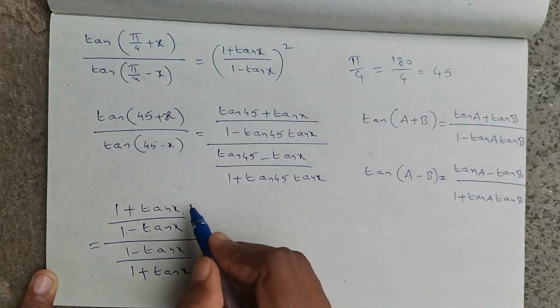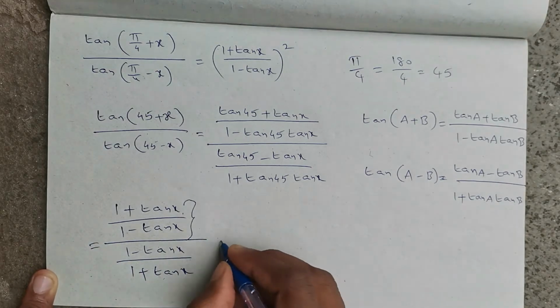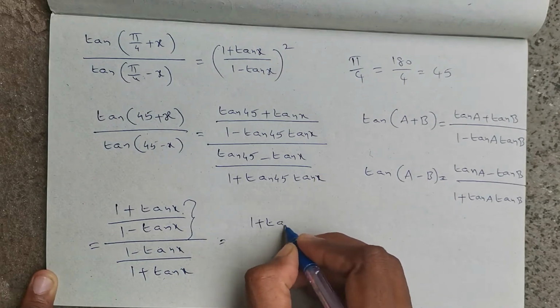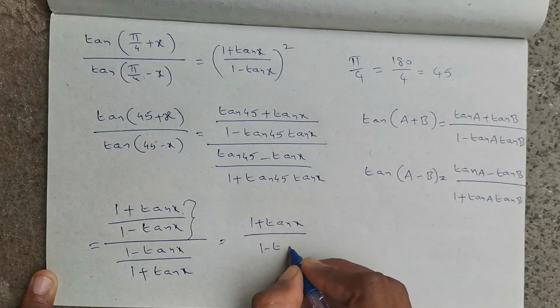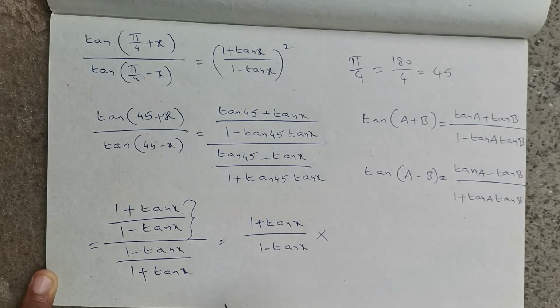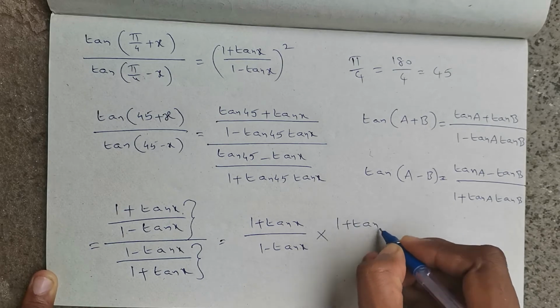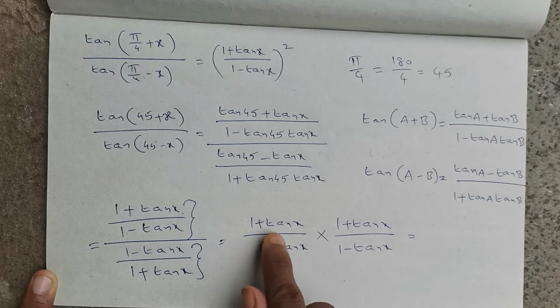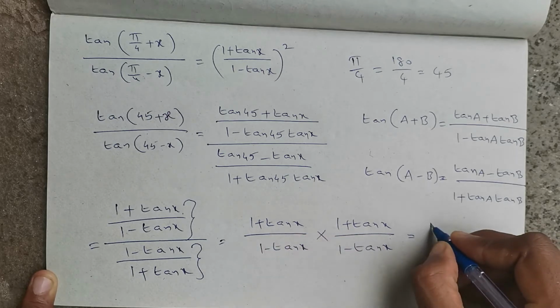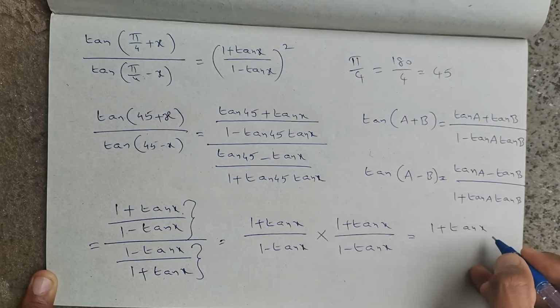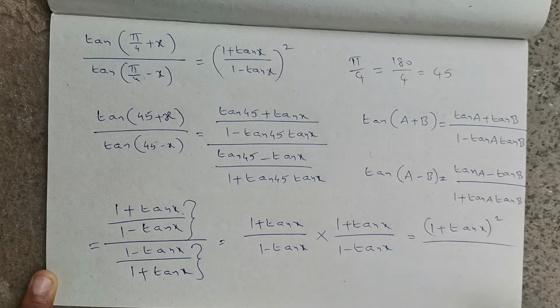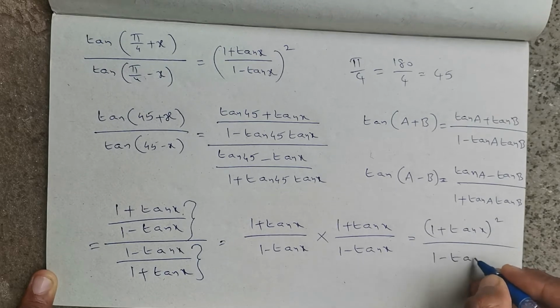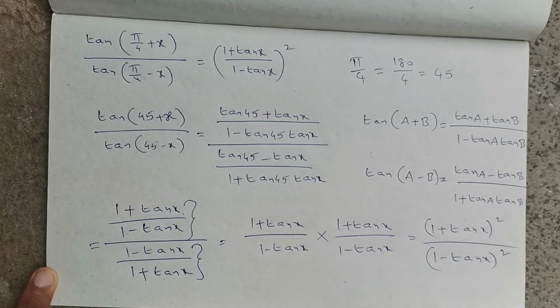So this total numerator part I will write as it is, that is (1 plus tan x) divided by (1 minus tan x), into this total denominator part will become reciprocal, that is (1 plus tan x) divided by (1 minus tan x), which is equal to (1 plus tan x) into (1 plus tan x), (1 plus tan x) whole square, divided by (1 minus tan x) into (1 minus tan x), (1 minus tan x) whole square.